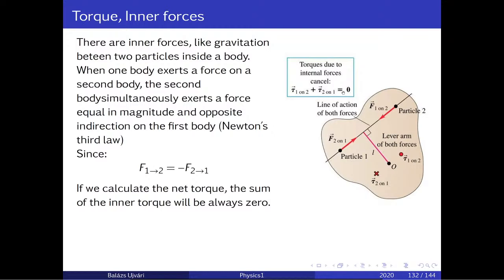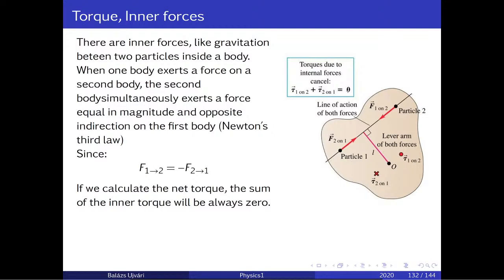The sum of the torques will be 0, so therefore the net torque, the sum of the inner torques, has to be always 0, and that comes from Newton's second law, the force and anti-force.